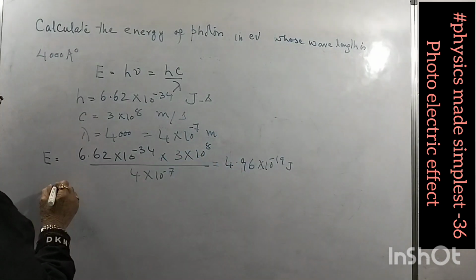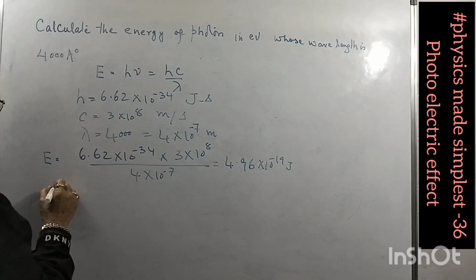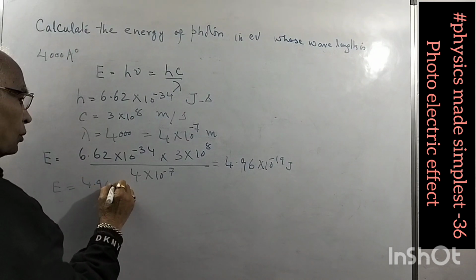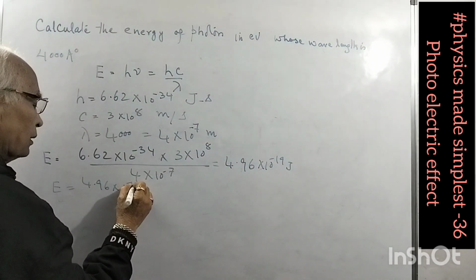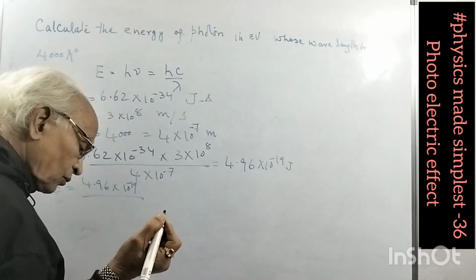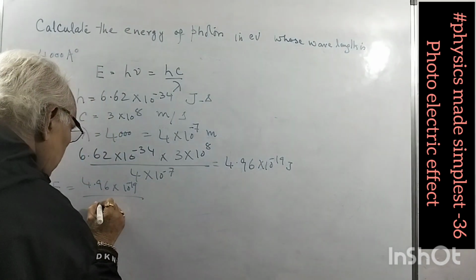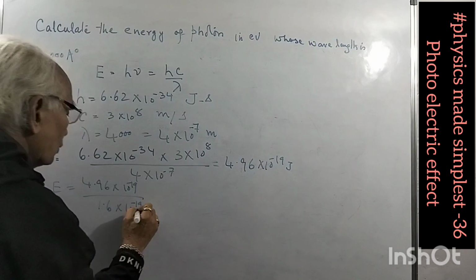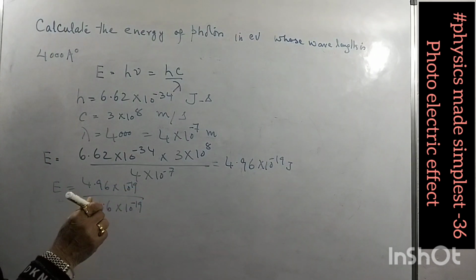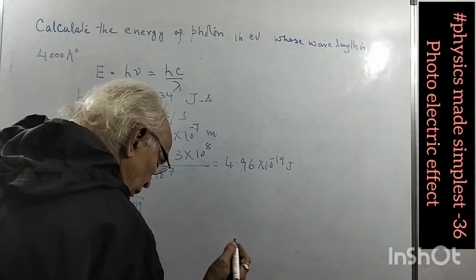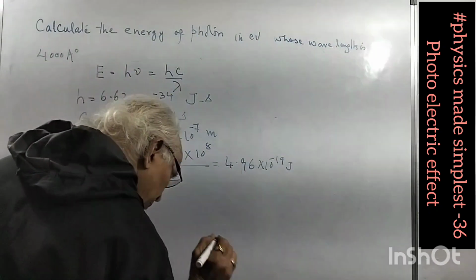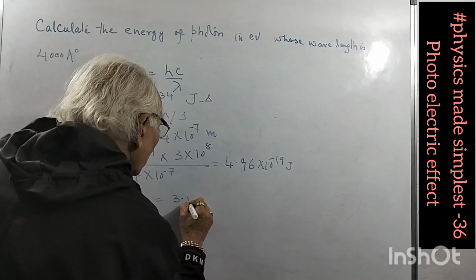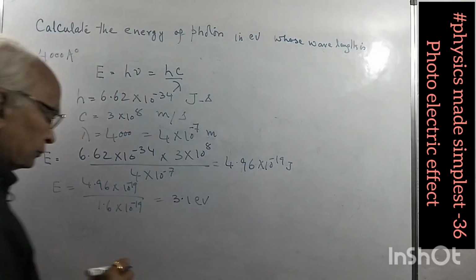Which we can convert into eV. E is equal to 4.96 into 10 to the power minus 19 divided by 1.6 into 10 to the power minus 19 to convert into eV. So this will be about 3.1 electron volt.